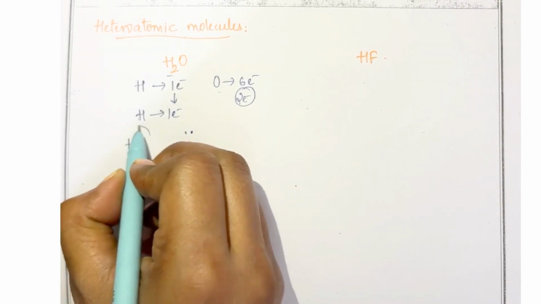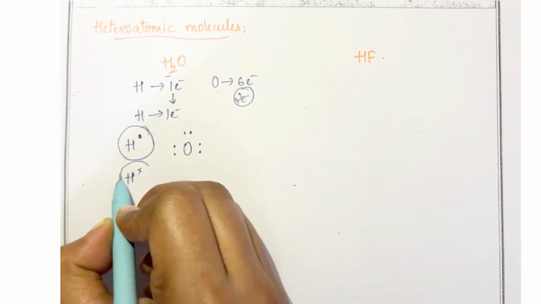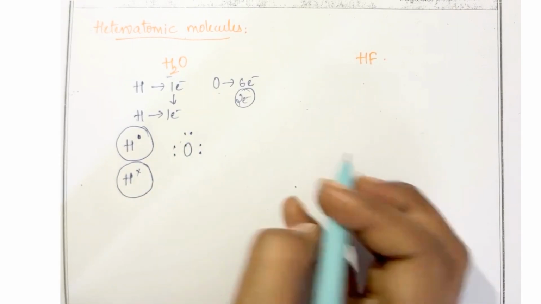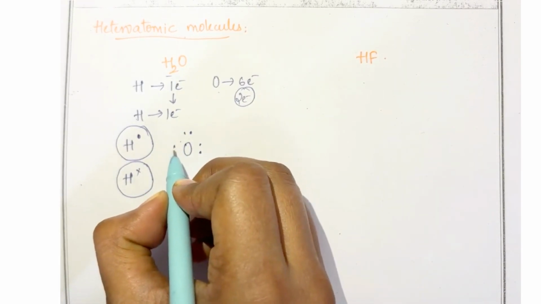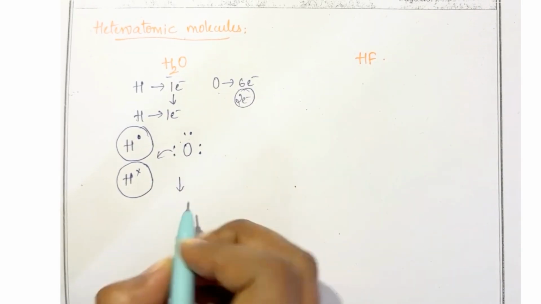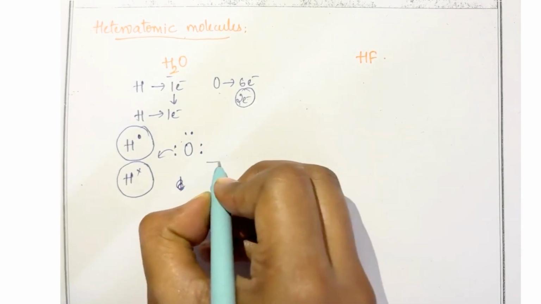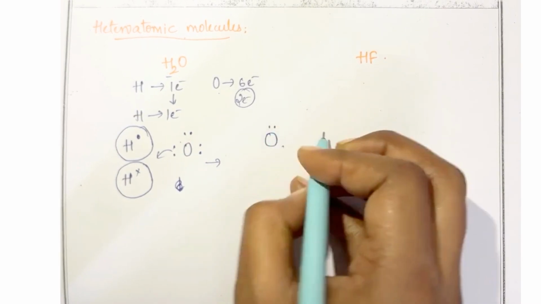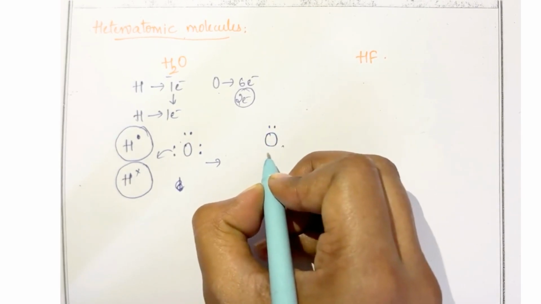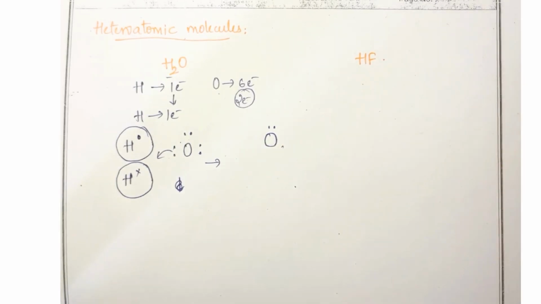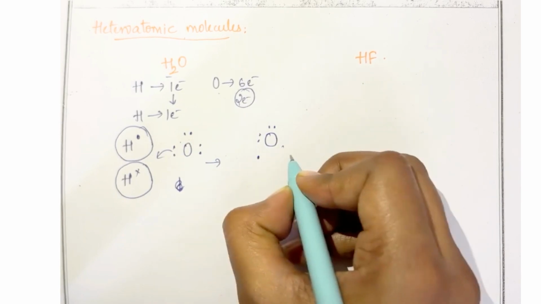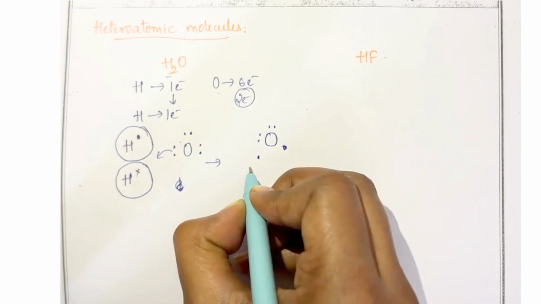So one electron is contributed by the hydrogen, one more electron is contributed by the hydrogen, two are contributed by the oxygen this way. So the bonding can be shown as oxygen 1 2 3 4, 1 1 each.